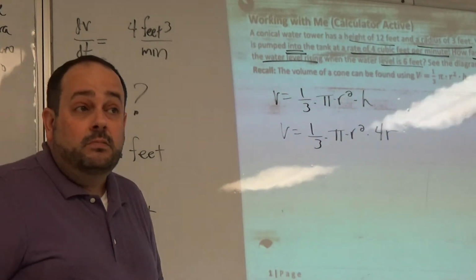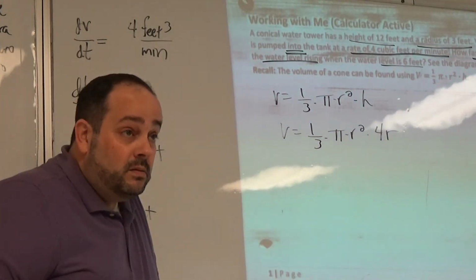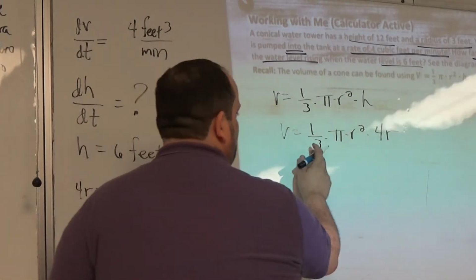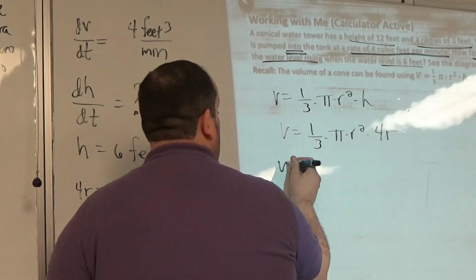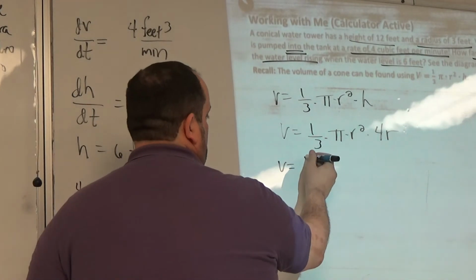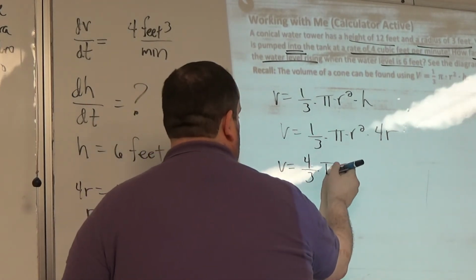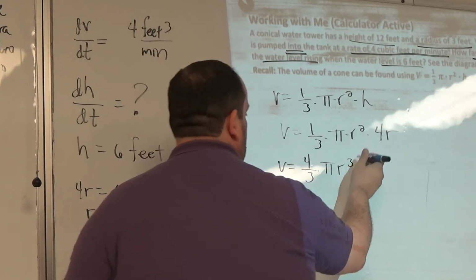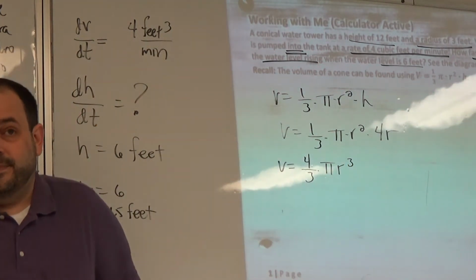That looks good, but you guys can do better. 1/3 times pi times r squared times 4r is the same thing as 4/3 pi r squared times r, which is going to be r cubed.